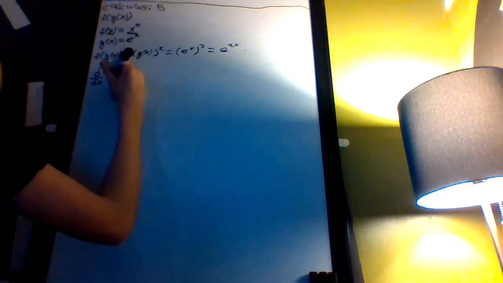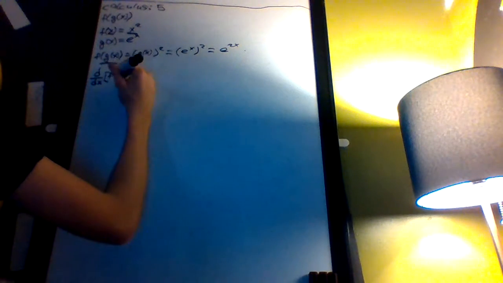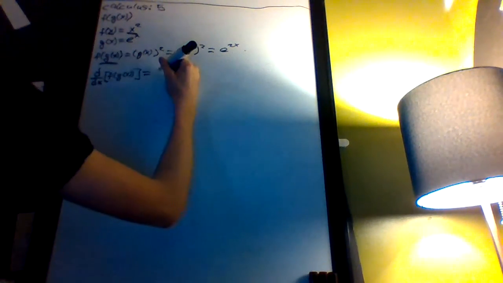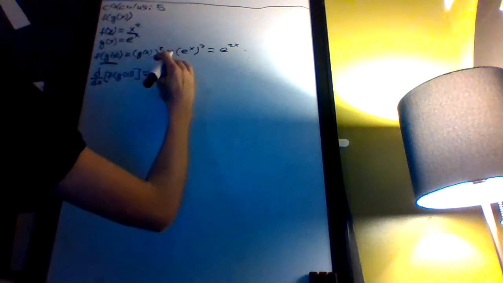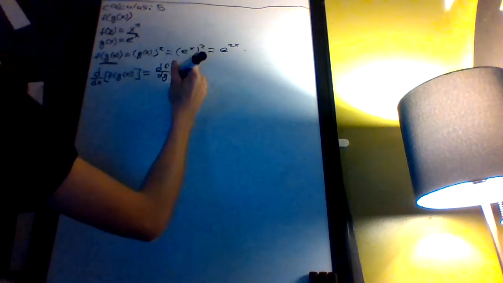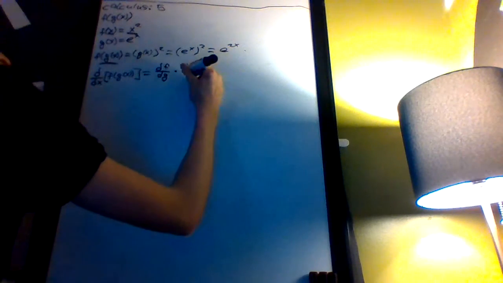Okay? So now, what's the derivative of some f of g of x? Well, turns out it's the derivative of f in respect to g times the derivative of g in respect to x.